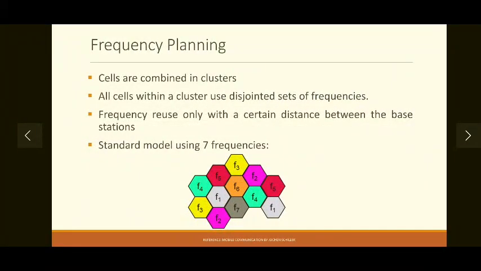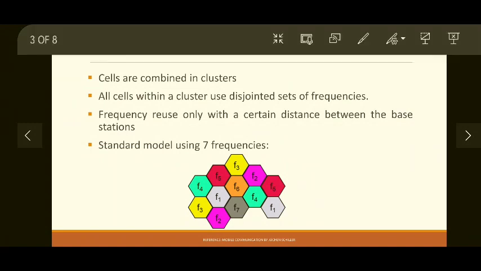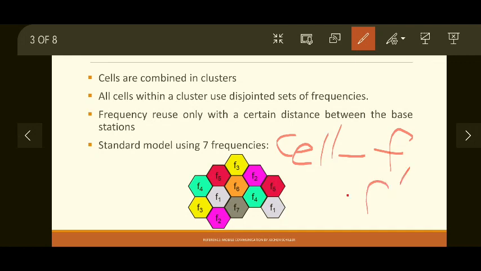Now as we have seen, the entire region will be divided into a number of cells. As you can see in this diagram, there are different cells covering a region. Each cell will be allocated a group of frequencies, let's say F1, F2 and so on, because we know that frequency is a scarce resource.